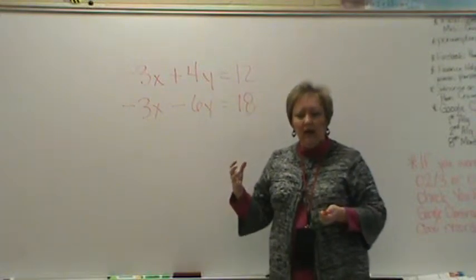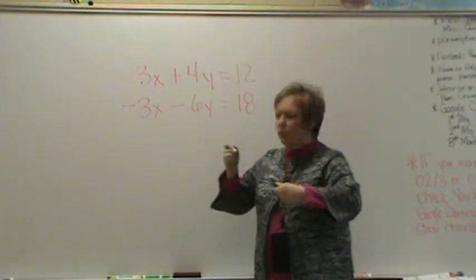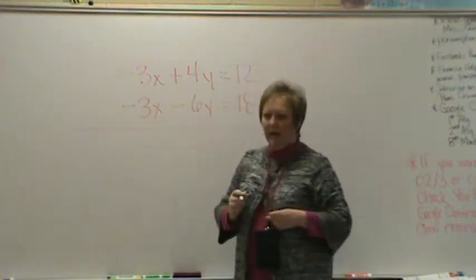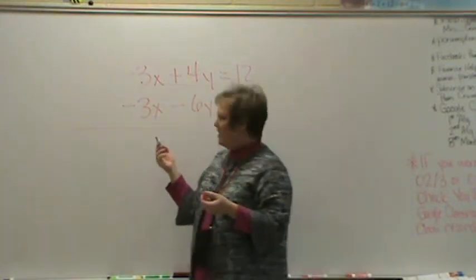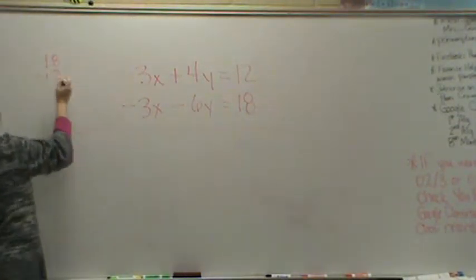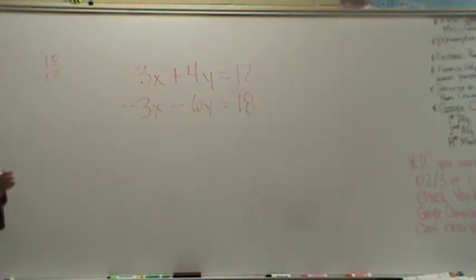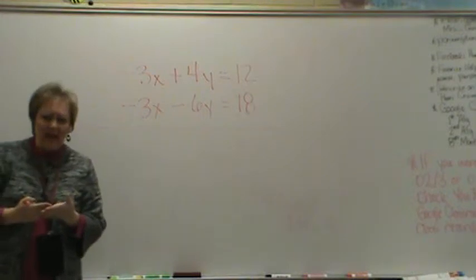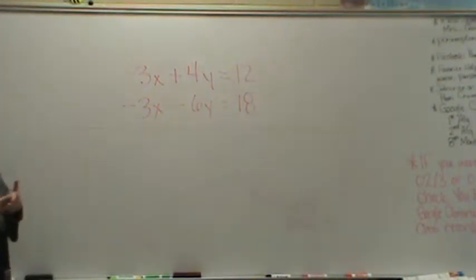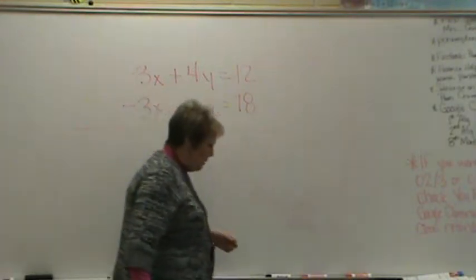If I were looking at this problem as one big problem, okay? Like a 2-column math problem, 18 minus 12. If I were looking at it as a big, ginormous problem, do I have exact opposites? Look close.